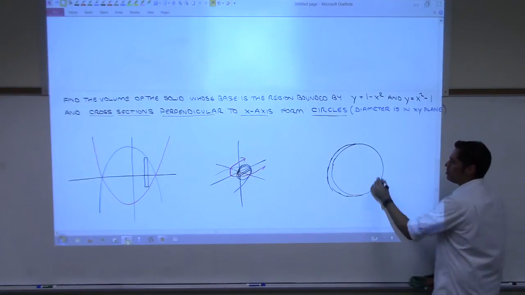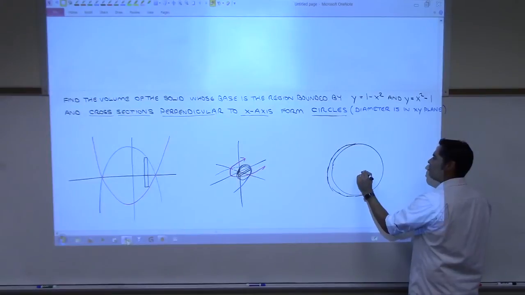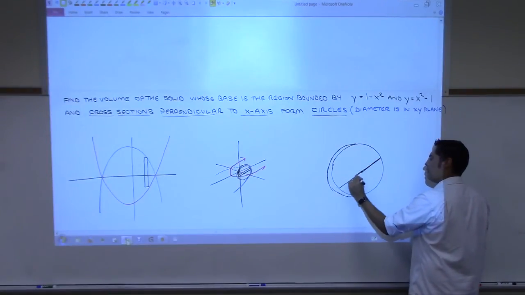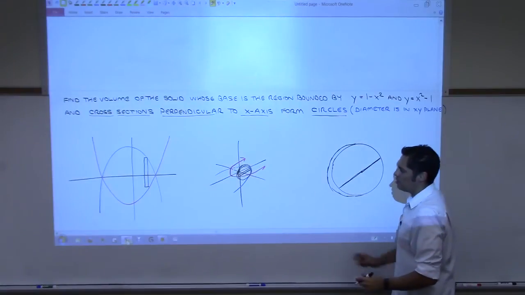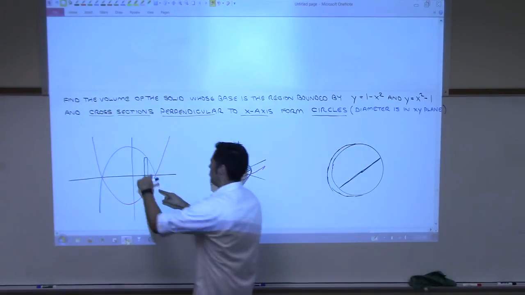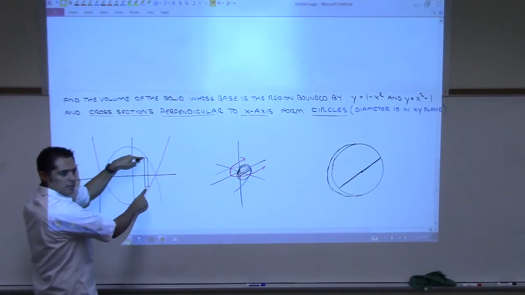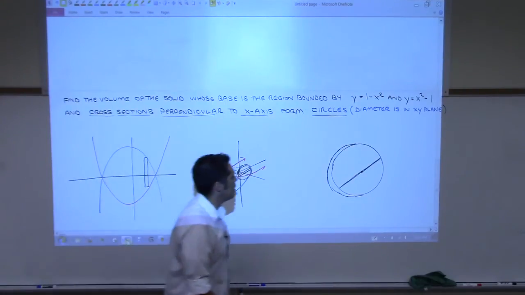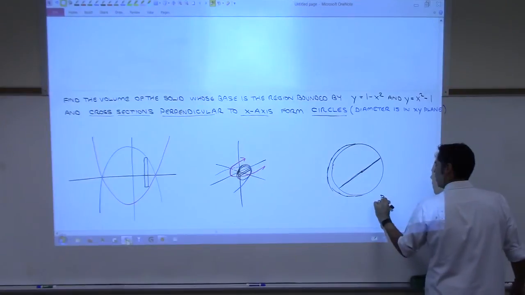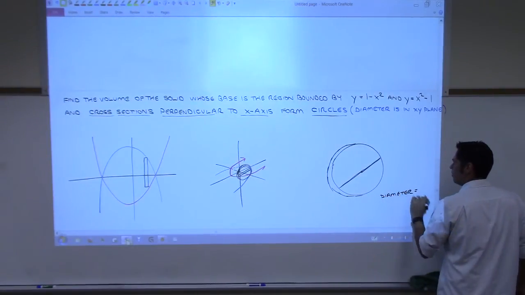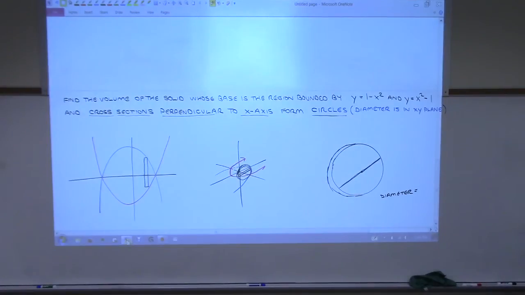Now what we know about this circle is that if you were to look at the actual distance across, that distance across is equivalent to this distance, which is equivalent to this distance, isn't it? Right, from here to here. So what is the diameter of this circle? It's going to be the blue one minus the red one again, right?